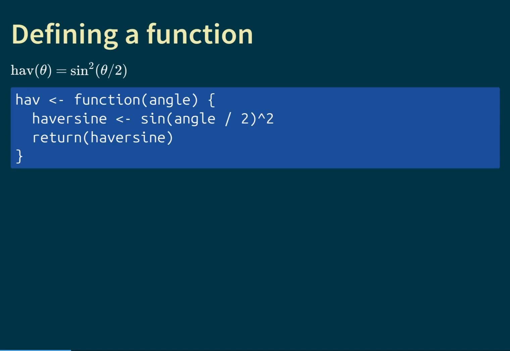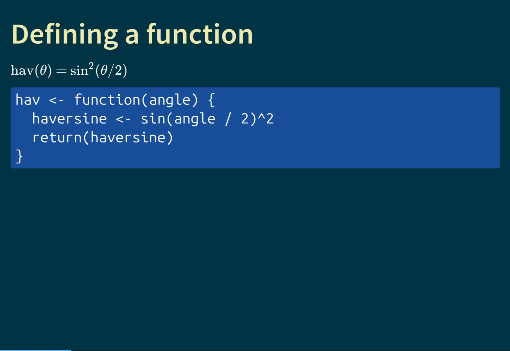This is how we would implement the function in R. First, we write down the name of a function, just like we would do with a variable, and then we write down the assignment arrow, again, the one composed of a less-than symbol and a dash. And then we write down the keyword function, and in parentheses, the name of the argument.